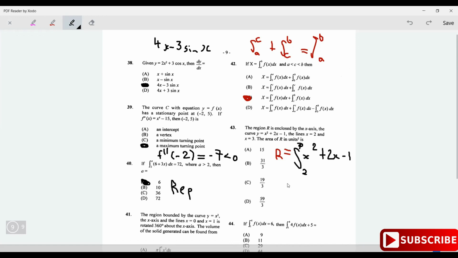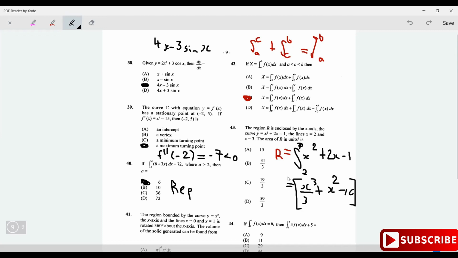If we integrate from 2 to 3, what we're going to get is x cubed over 3 plus, then you have 2x. When you integrate 2x, you're getting 2x squared over 2, which is just x squared, minus x. And you're integrating from 2 to 3.